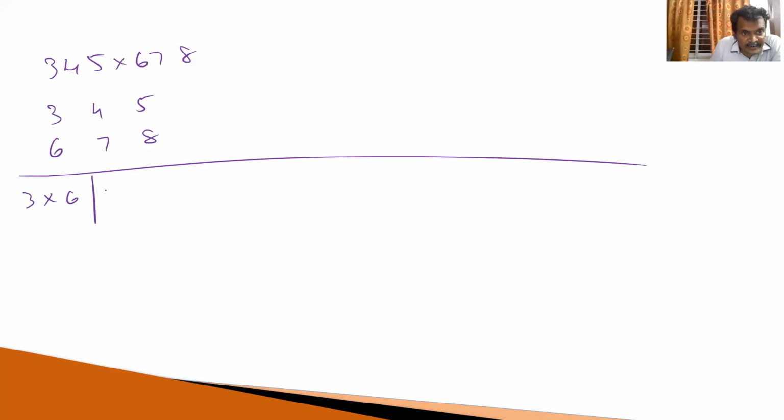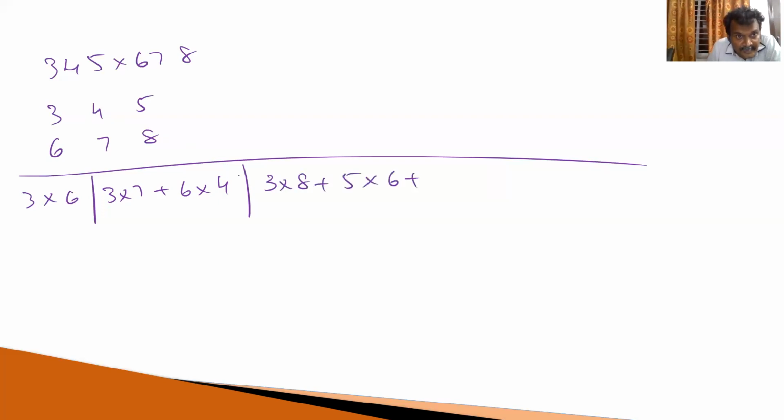So 3 into 7 plus 6 into 4. What is the next step? 10,000 over, 1,000 over, next 100. How did you get? 100 into unit plus 100 into unit plus 10 into 10, 4 into 7.